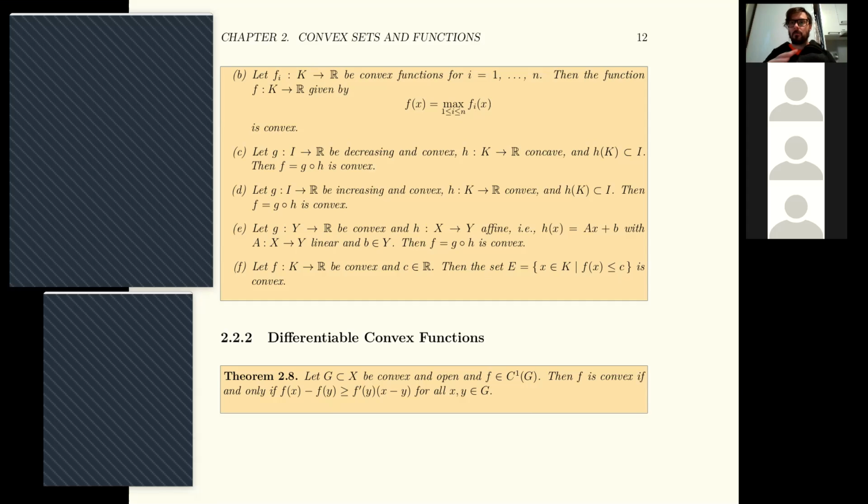It's a linear function. You multiply first a vector with a matrix and then add some vector to it. If you take a convex function of this affine function, then the result is a convex function.